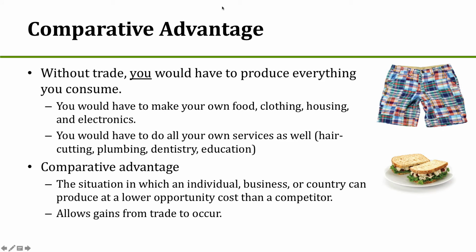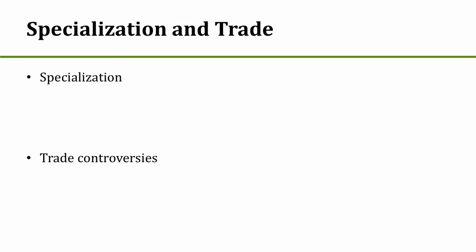So comparative advantage is the situation in which an individual, business, or country can produce at a lower opportunity cost than a competitor. So basically, we are comparing the opportunity costs with your competitor. And comparative advantage allows gains from trade. That's how we create an increase in welfare from trade.